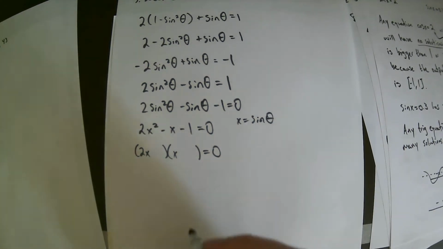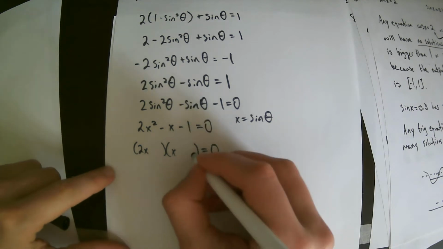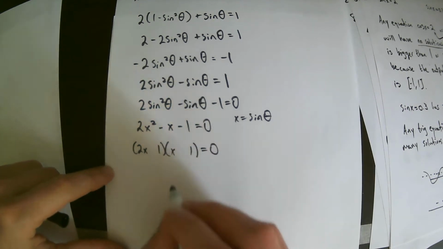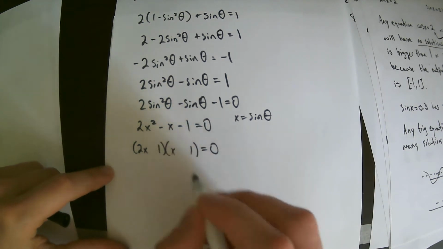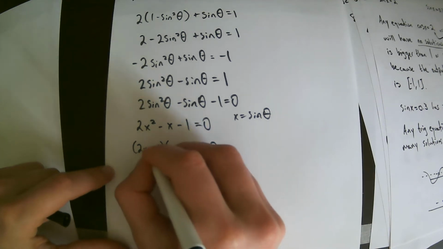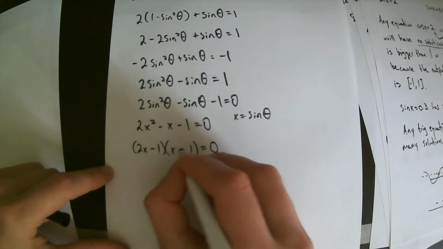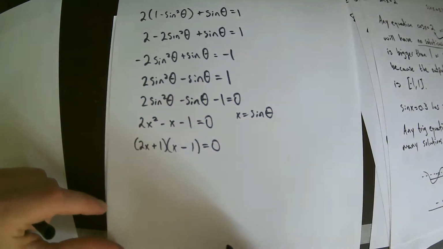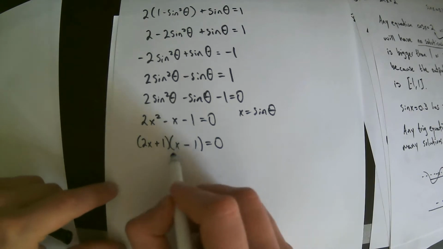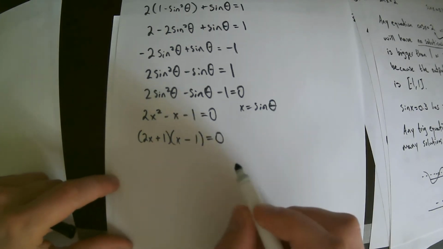I need to think of two numbers that multiply to give negative 1, so it's got to be 1 and 1, and they have to add to give negative 1. So I'm thinking negative x. There, that should do it. So that I have positive 2x squared, negative x, and negative 1.